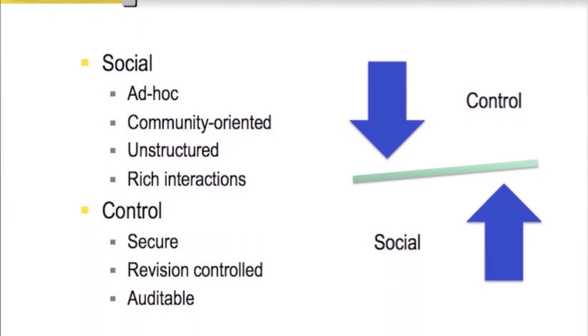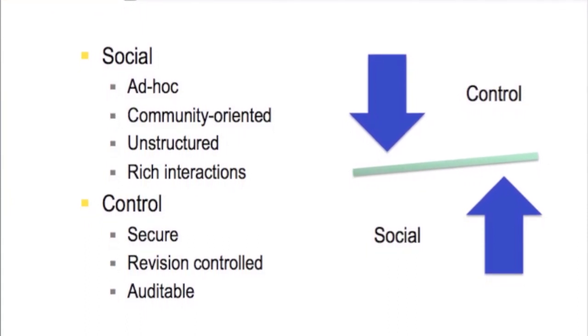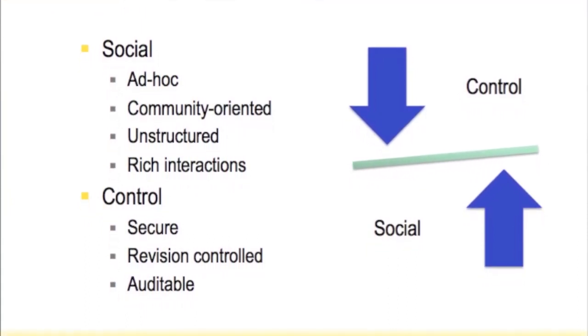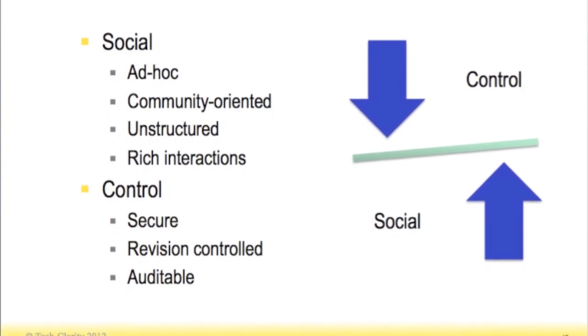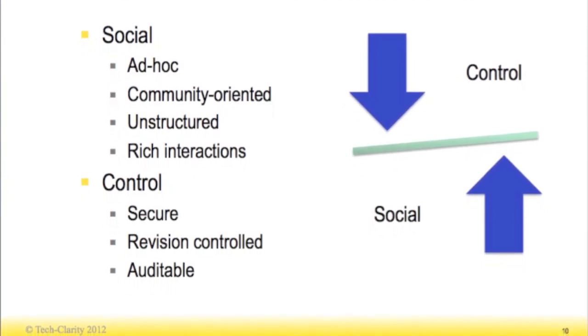We need to have the controls in there to make sure that we're actually sharing the right information, that it's the right version, for example, from a revision perspective, but also that the information that we're sharing is well protected and isn't going to be overshared with somebody else. And again, that's really where social business collaboration comes in, learning a lot from the formal systems that are out there, but also learning a lot from the newer social media solutions that are out there and taking the best of both worlds.